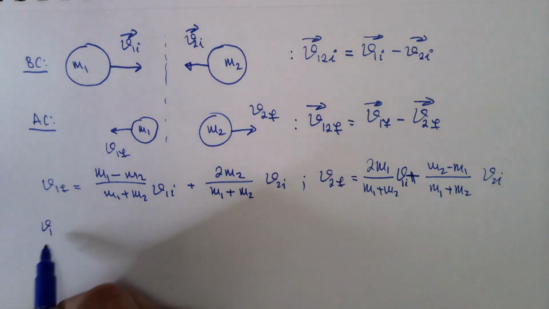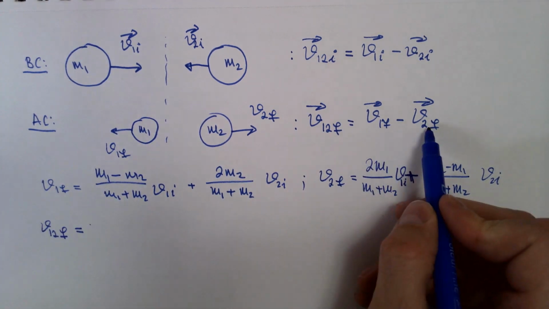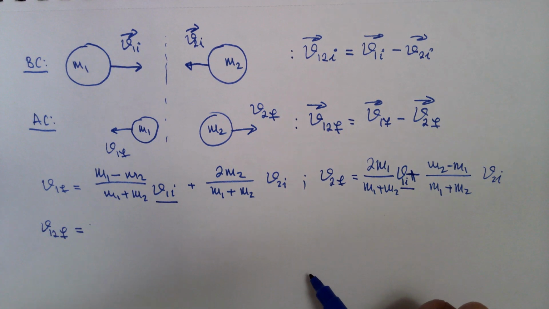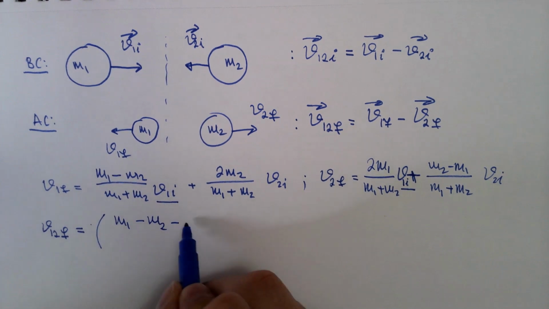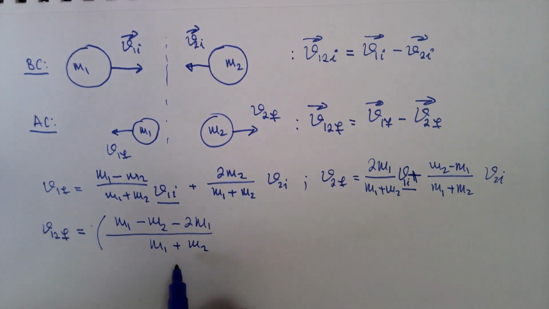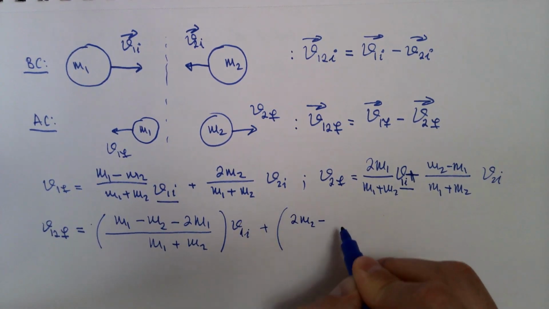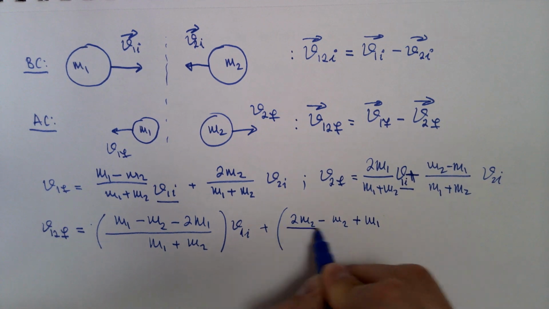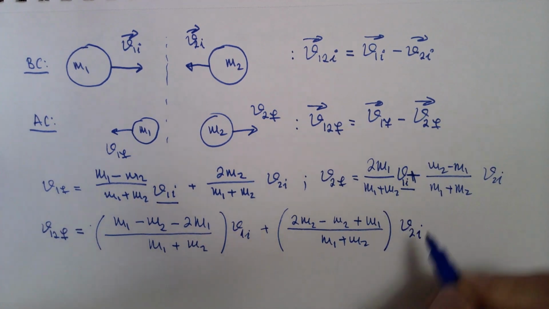So what is v12 final? Well, that will be v1 final minus v2 final. So notice that I can factor terms around v1 initial, so that will be (m1 minus m2 minus 2m1) divided by (m1 plus m2) times v1 initial plus (2m2 minus m2 plus m1) divided by (m1 plus m2) times v2 initial.